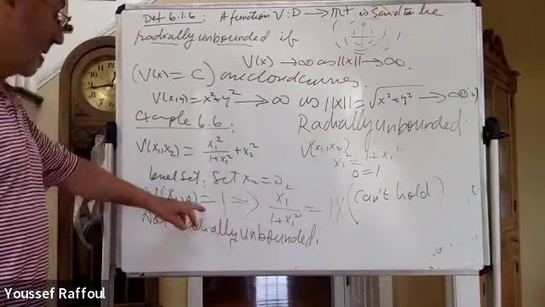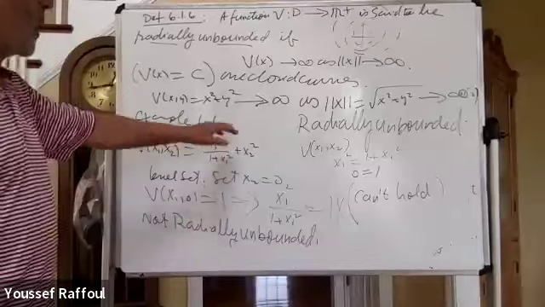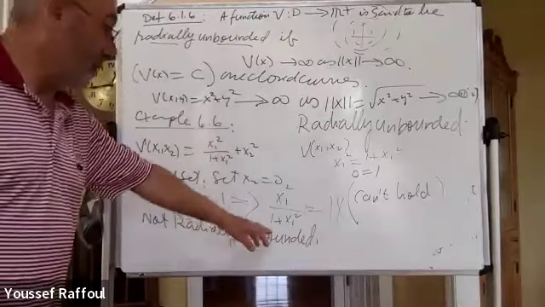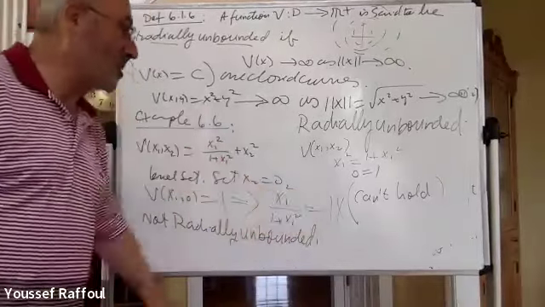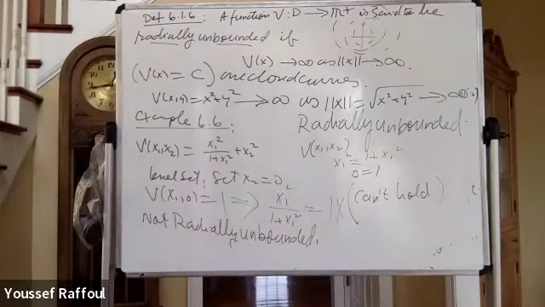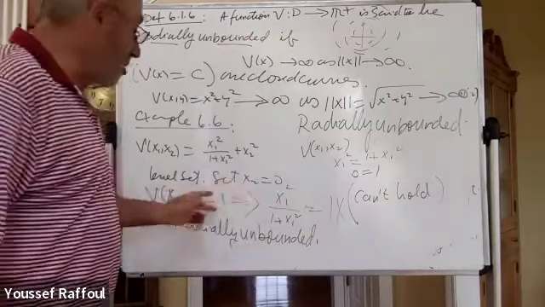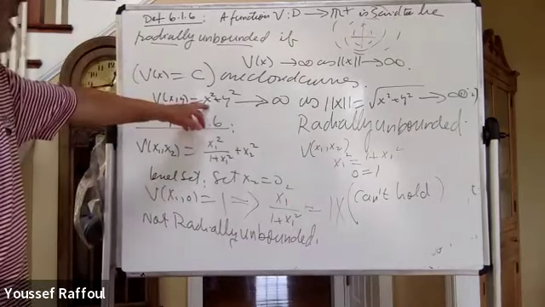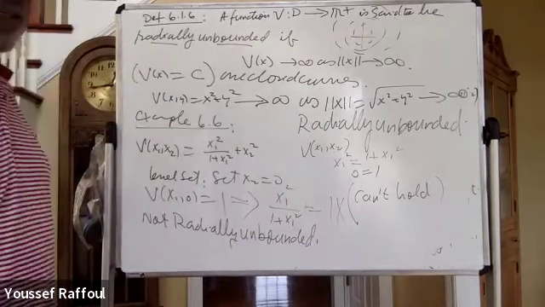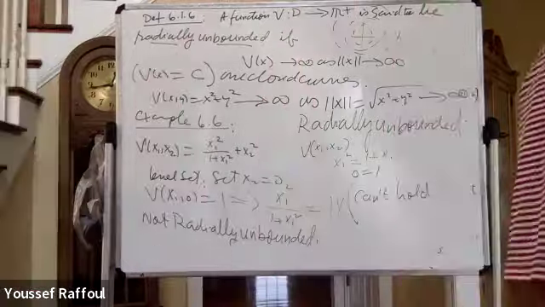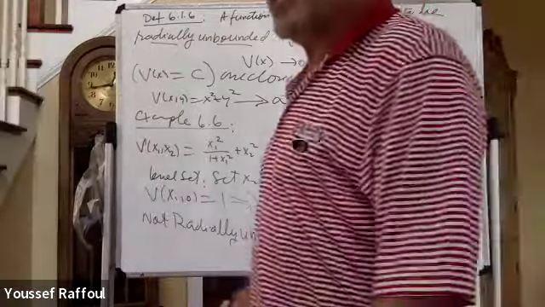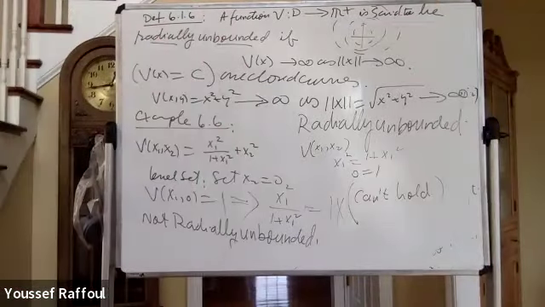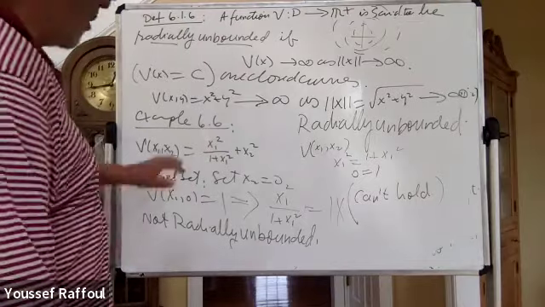Because I took v of x1, 0 equal 1, that gives us a contradiction. So therefore, this function does not belong to closed curve. However, this one does. You take x squared plus y squared equals c for any c, and this is a circle centered at the origin with radius square root of c. Okay? So this is okay.